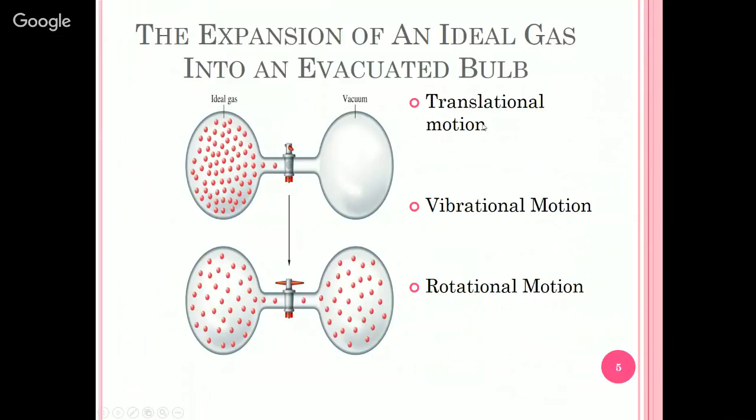So translational motion would be side-to-side motion. Vibrational motion would look at two atoms connected to each other and how they can vibrate, that bond, those atoms connected to each other, the vibrations that can occur.